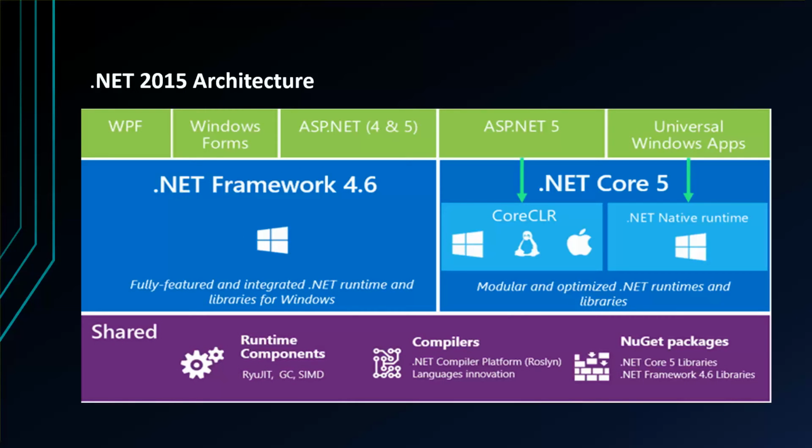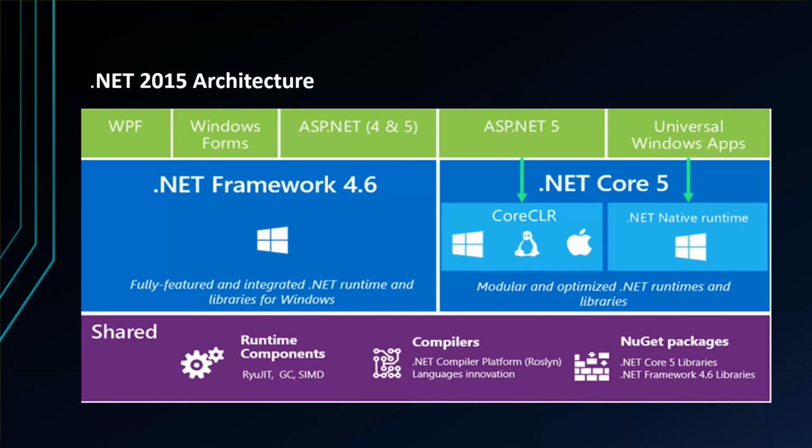If you look at the .NET 2015 architecture, as usual there are three different layers. The bottom layer contains some shared libraries, runtimes and NuGet packages. The middle layer contains the .NET frameworks: the big framework, .NET Framework 4.6, and the tiny, small frameworks like .NET Core CLR and .NET Native runtime. .NET Framework 4.6 is targeted for any kind of apps.